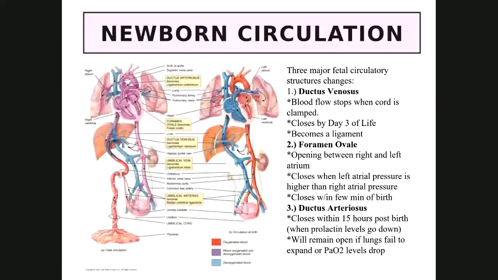It will remain open if the lungs fail to expand or PaO2 levels drop, and this is commonly seen in preterm babies, and that's why you will often hear that preterm babies have a PDA, like a patent ductus arteriosus. Okay, so once the baby takes its first breath, now you will have decreased pulmonary pressure and closure of the ductus arteriosus, and if not, you have a patent PDA.